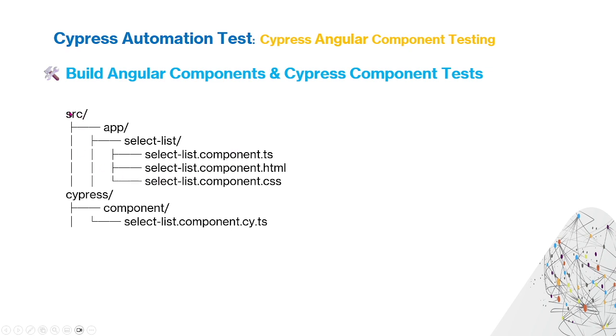After we have the Angular application, we install Cypress. After installing Cypress, under the components folder, we add select-list.component.cy.ts. This is a Cypress test for these components.